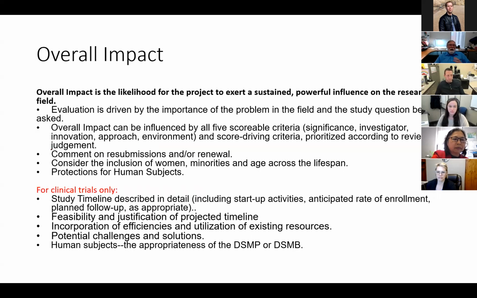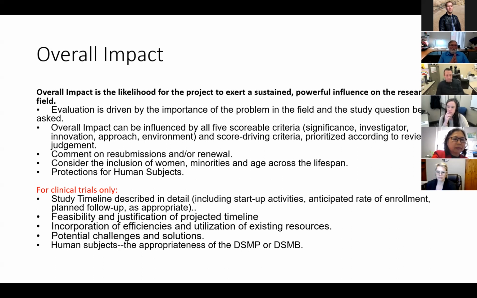Okay, overall impact. That's the likelihood for the project to exert a substantial, powerful influence on the research field. It's driven by the importance of the problem in the field and the study question being asked. Overall impact can be influenced by all five scorable criteria: the significance, investigator, innovation, approach, and environment, and score-driving criteria are prioritized according to reviewer judgment.